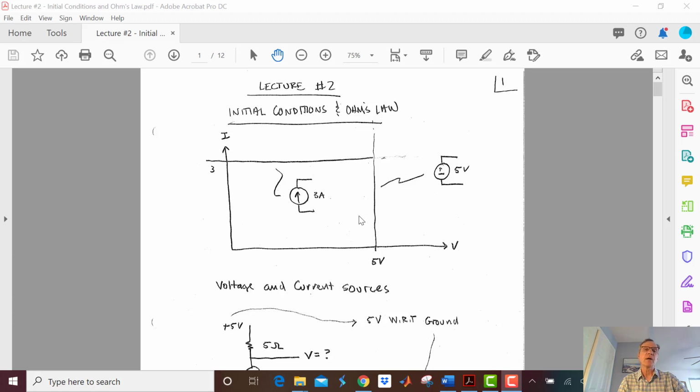Initial conditions are covered in Chapter 8 of Alexander and Sadiku, and they tend to be one of the more difficult subjects of EE 310. I really value Chapter 8 because what all this initial condition stuff does for you is it shows you how to look at circuits and figure out what they do.